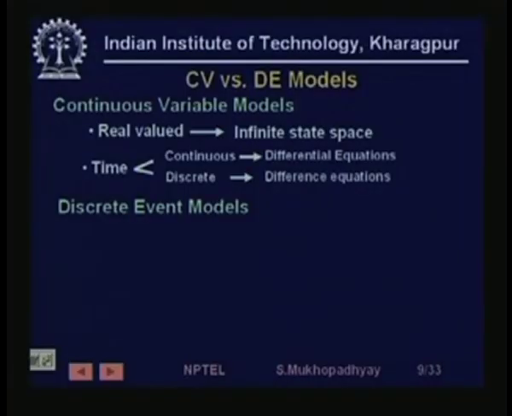Contrary to this, in discrete event models, which we are going to use for sequence or logic control problems, typically the values of variables that we will consider will be finite. So let us say a typical example is on, off, or some tank level: low, medium, high. So we are not interested in knowing exactly how many meters.